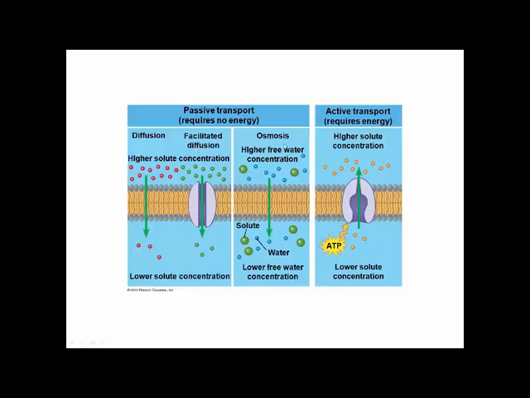Osmosis is really a special form of diffusion, not facilitated, but it's a movement of water down the concentration gradient, and a movement of water from hypotonic solution to hypertonic solution. All of these are examples of passive transport. It's just that sometimes proteins are required for help, but for other substances, proteins are not required.